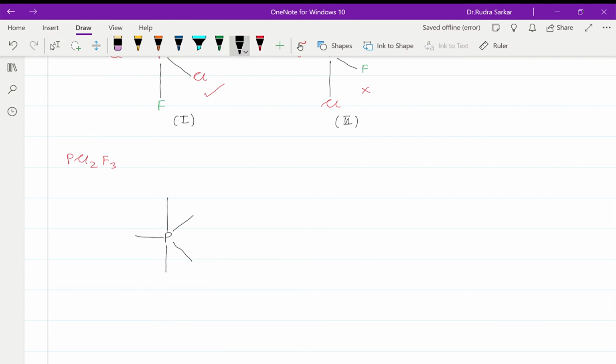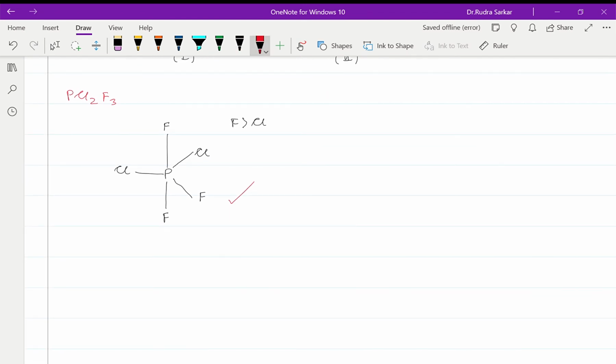Chlorine is less electronegative than fluorine, so obviously chlorine will be placed in the equatorial bonds and the other positions will be occupied by fluorine, and that should be our correct structure.